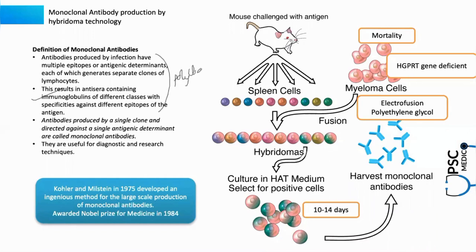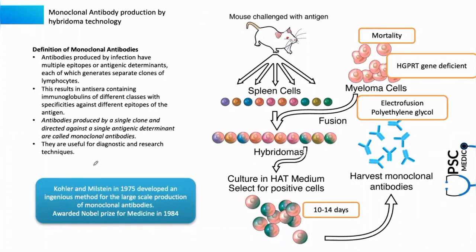So much is happening without any specificity. But if you have an antibody which is produced by a single clone and it has a single antigenic determinant, it only acts on that part, and it only helps in stopping or acting against that disease. This is known as monoclonal antibodies.